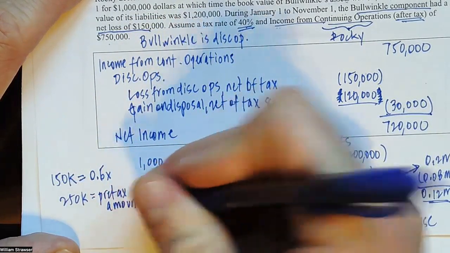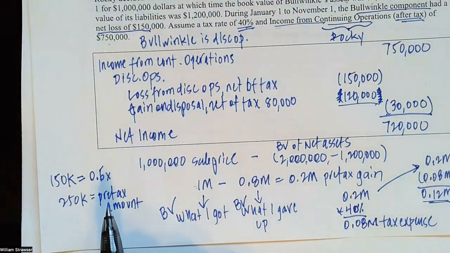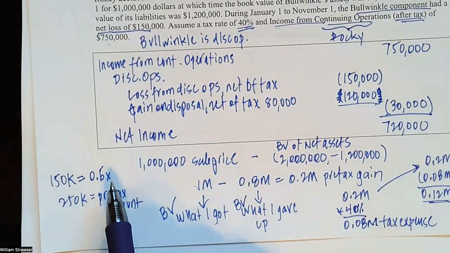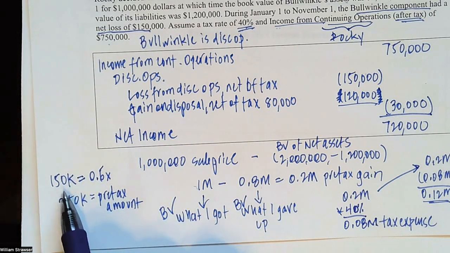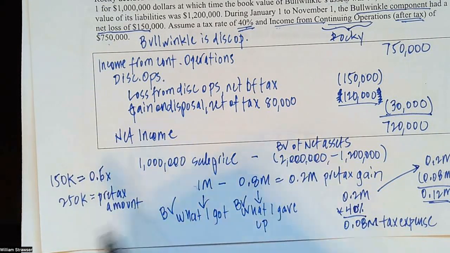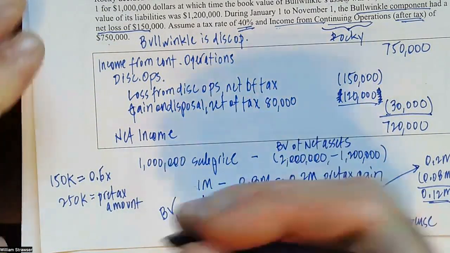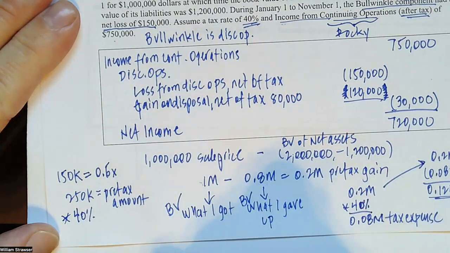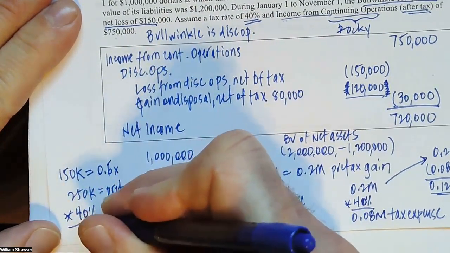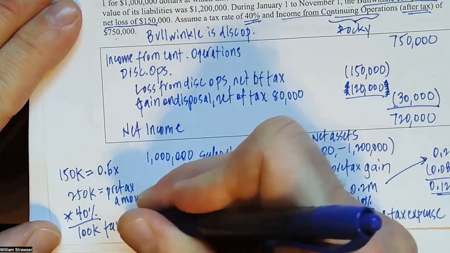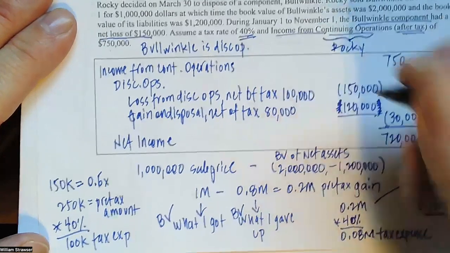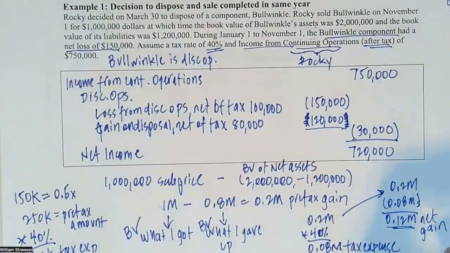That's called grossing up, when you are going from a discounted price to the full. You have to understand whatever this discounted amount represents, in this case 60%, you divide by that percent to get the full. And now we can multiply it by the tax piece, 40%, to get what the tax effect was. All right. So now we've got the absolute complete disclosure.